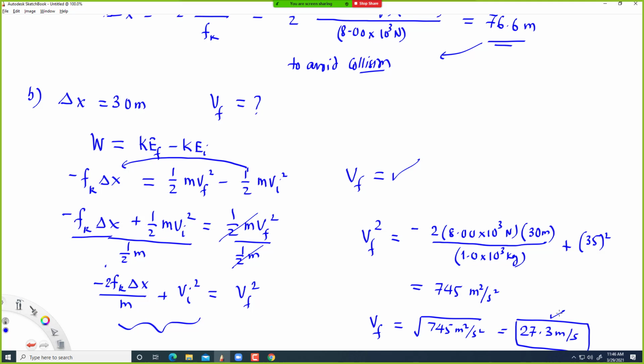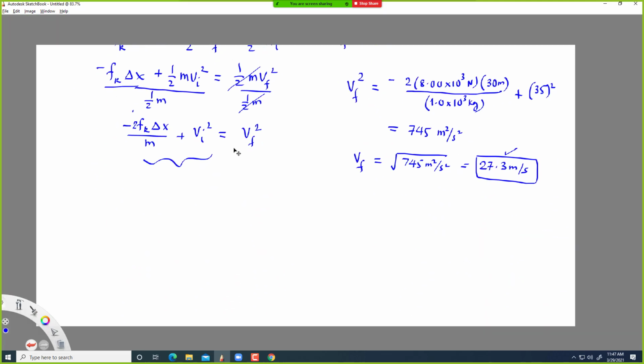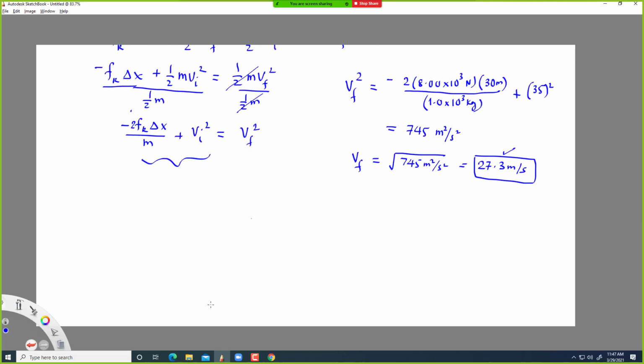So let's talk a little bit about energy now. So we just saw kinetic energy. There is another type of energy which is called potential energy. Do you guys know what potential energy is? You might have heard about potential energy.